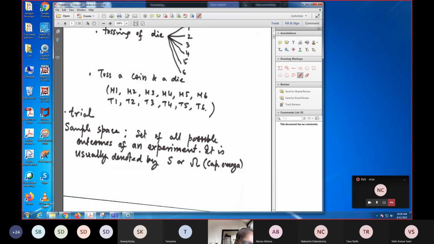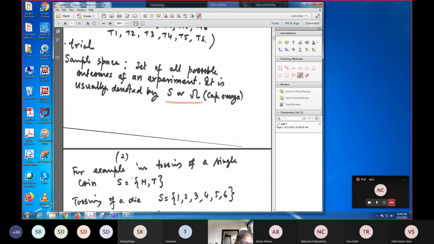It is usually denoted by capital S or capital omega. Depending upon the situation, you will find these two symbols used. In some books they may use other symbols also, but basically the idea is that you enlist all the possible outcomes under two curly brackets, and it becomes a set of all possible outcomes of the experiment.